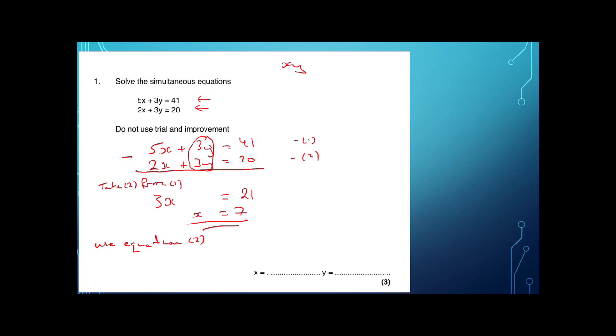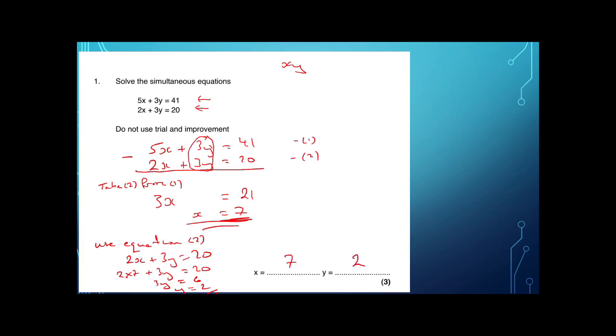So that equation is 2x plus 3y is equal to 20. Now I've got a value of x is equal to 7. So 2 times 7 plus 3y is equal to 20. So take away 14 from both sides to give us 6. And y is equal to 2.